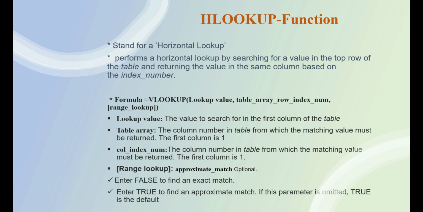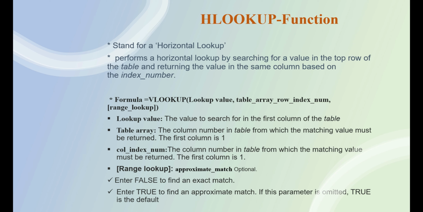While the HLOOKUP function stands for horizontal lookup and can be used to retrieve information from a table by searching a row for the matching data and outputting from the corresponding column.